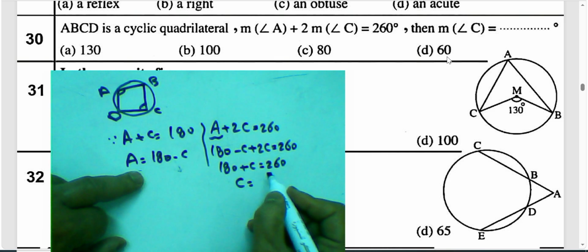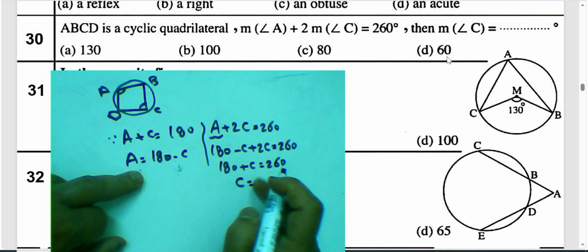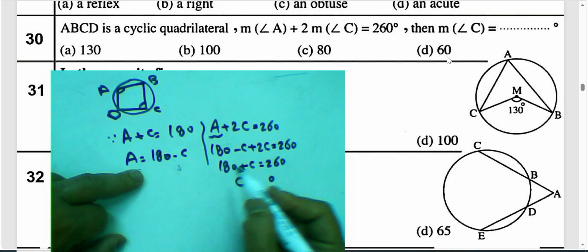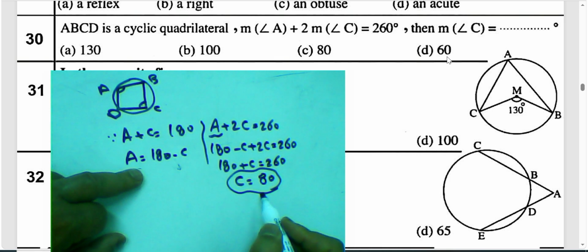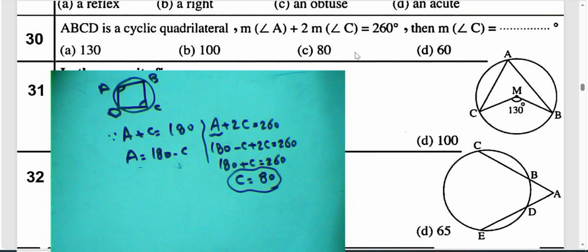Then the measure of angle C equals 260 minus 180, and it will be 80 degrees. He asked the measure of angle C, it will be 80 degrees. Choose letter C. Next question.